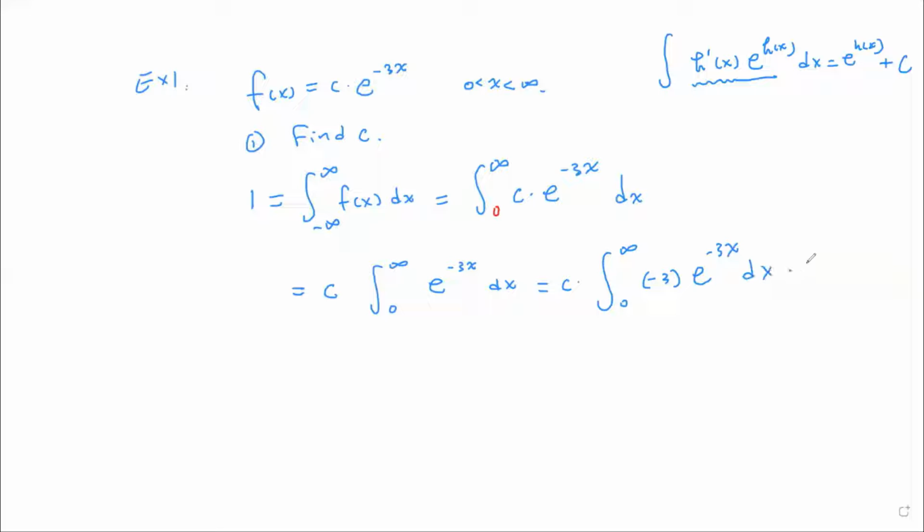Let's move it out, times 1 over negative 3. So I didn't change anything. But then we know the antiderivative of that is e to the negative 3x. So I have a c, and let's move this negative 1/3 in front. And I have e to the negative 3x, its antiderivative, from 0 to infinity.